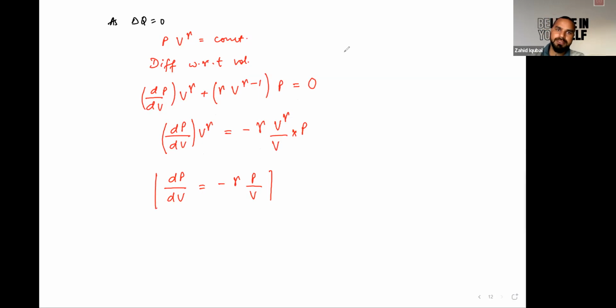So using this expression, beta is equal to minus dP by dV multiplied by volume. dP by dV we have gamma times P by V multiplied by volume. Volume cancels out.